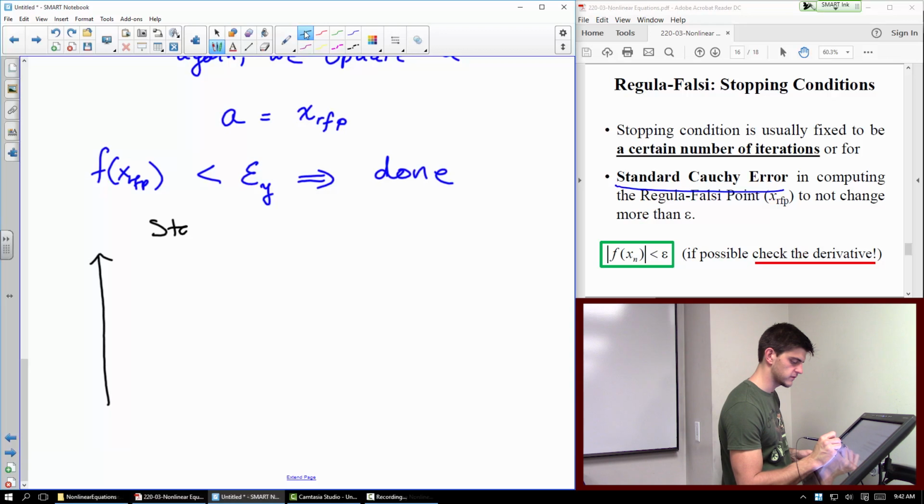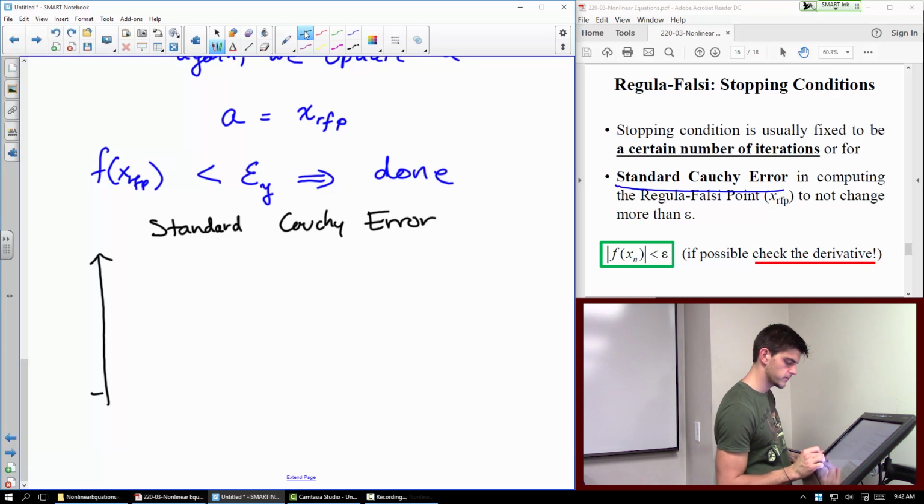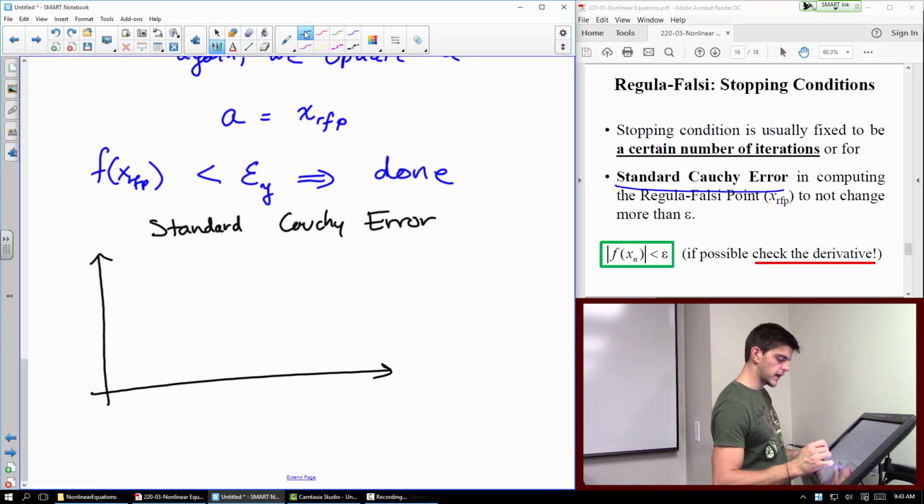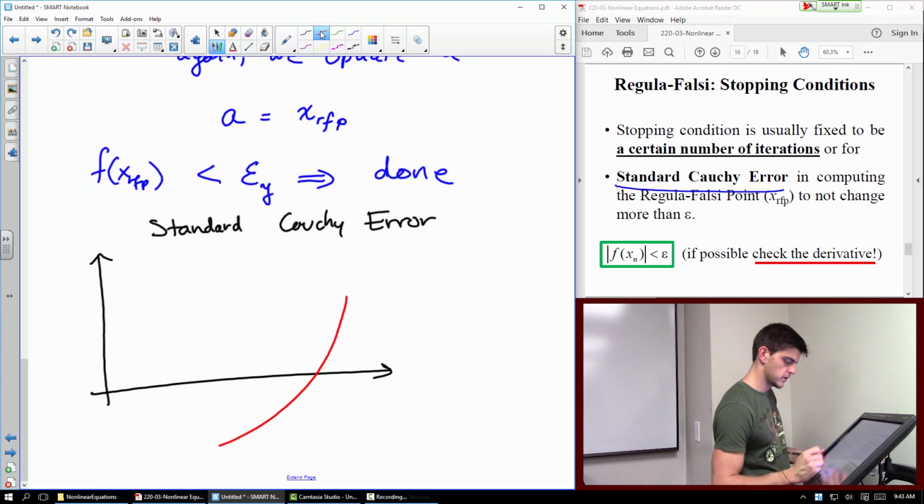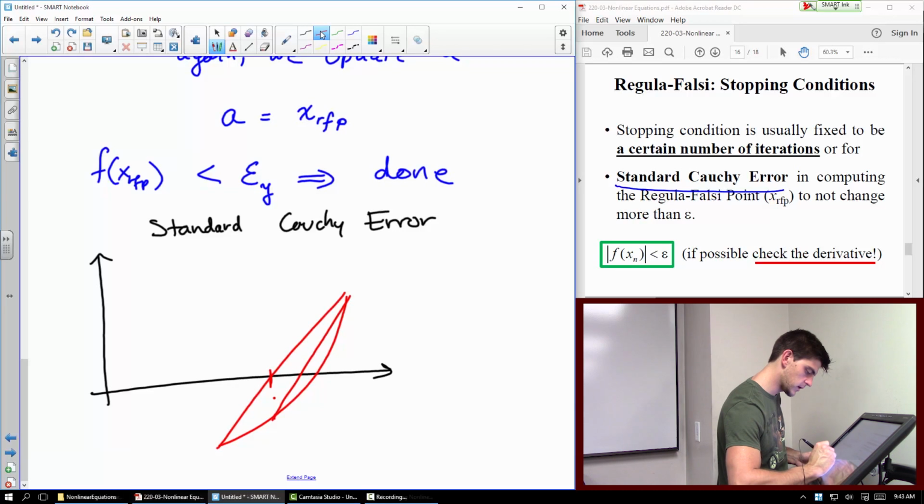So I'm defining standard Cauchy error. You look at the change in the x coordinate for the x r f p point. So again, this is your curve, and initially you're going to have some point here, and then you're going to drop this line and have a new point here.